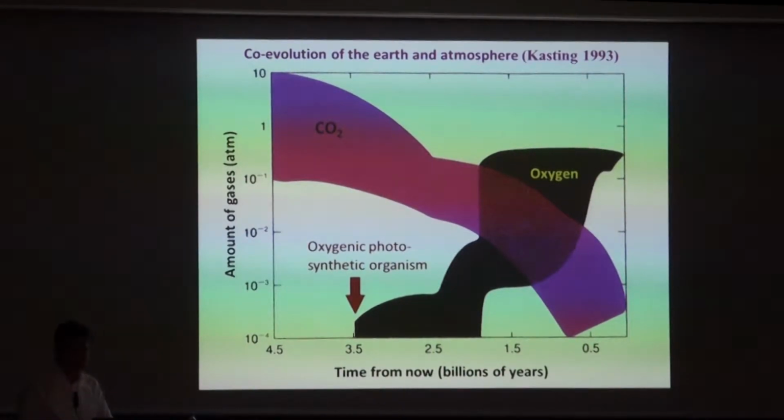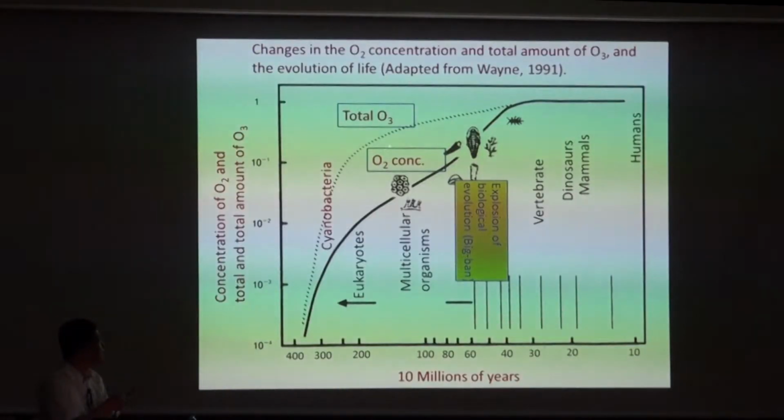Because of this increase in oxygen concentration in the atmosphere, it not only changed the environment of the atmosphere to an oxygenic environment, but also enabled the formation of the ozone layer. As you know, ozone is produced by radical action from oxygen and by illuminating oxygen with ultraviolet light.